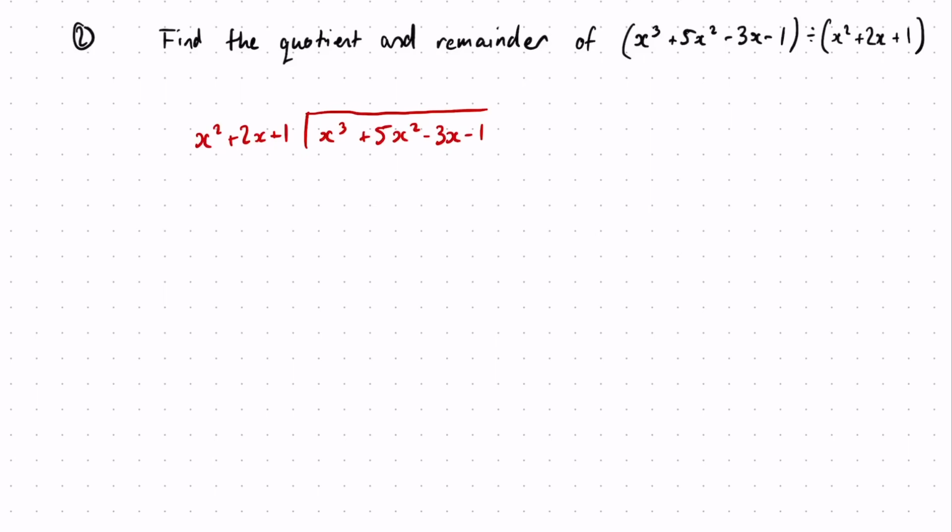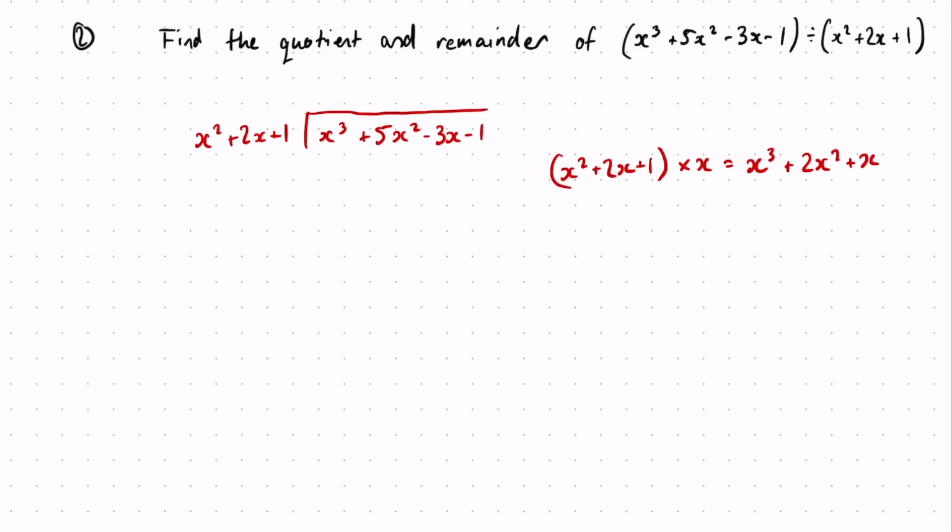Okay, first step, what do I need to multiply the x squared by to get the x cubed? Well, x squared plus 2x plus 1 needs to be multiplied by x to get an x cubed term. So that gives me x cubed plus 2x squared plus x.